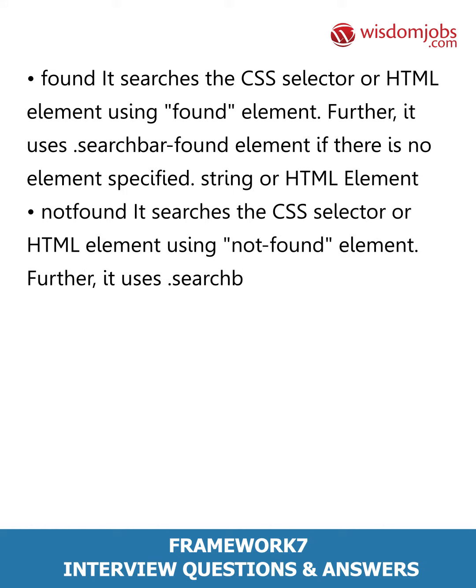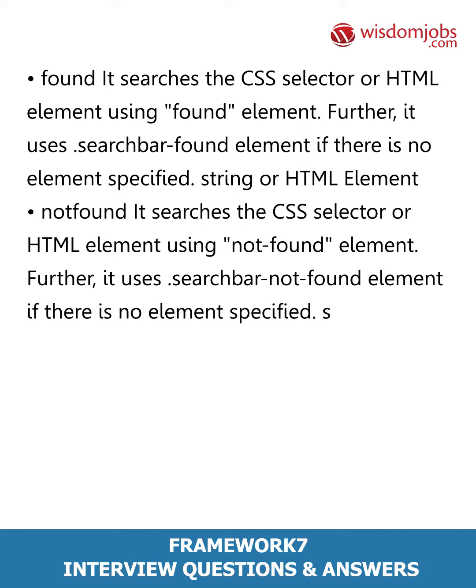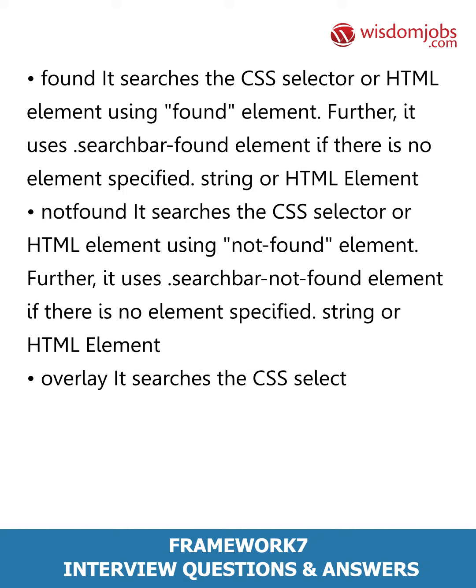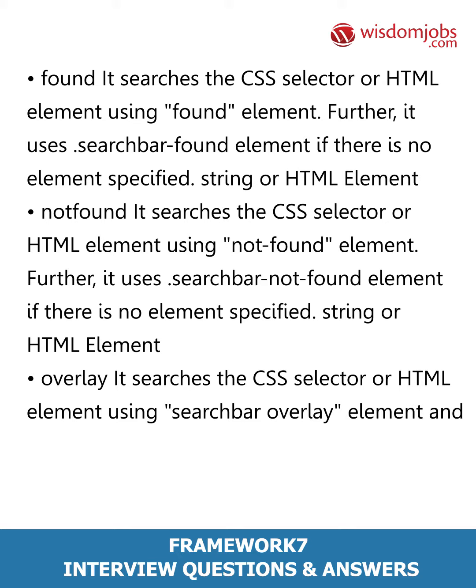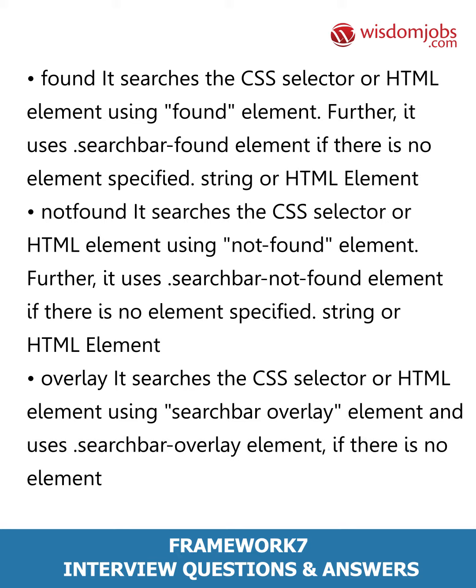Further, it uses search bar not found element if there is no element specified, string or HTML element overlay. It searches the CSS selector or HTML element using search bar overlay element and uses search bar overlay element if there is no element specified, string or HTML element.